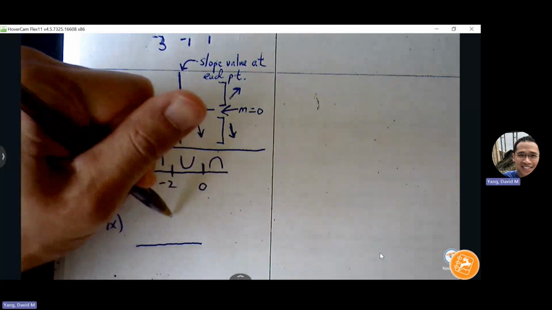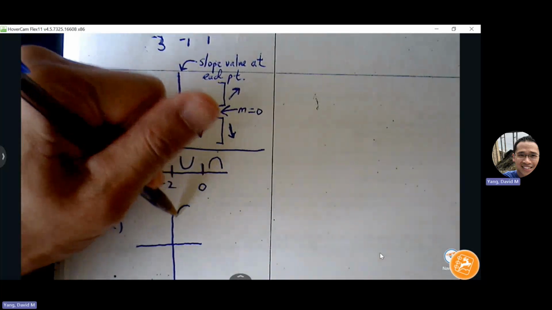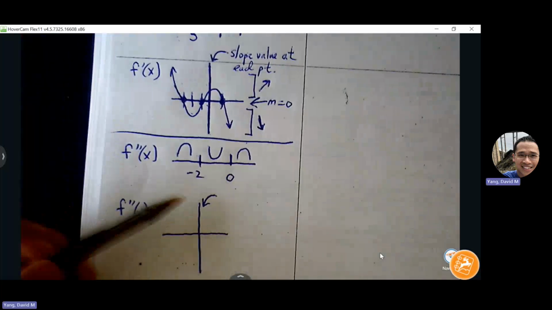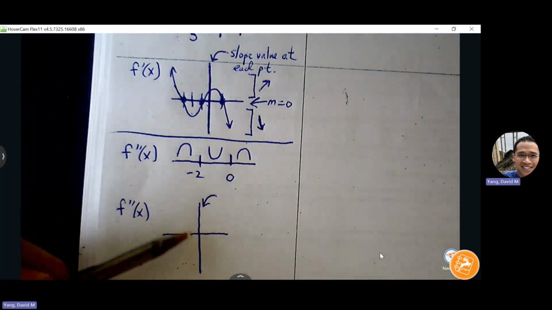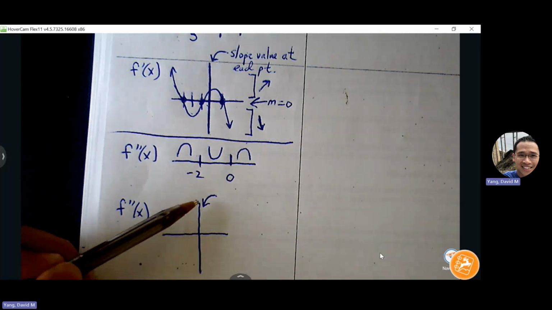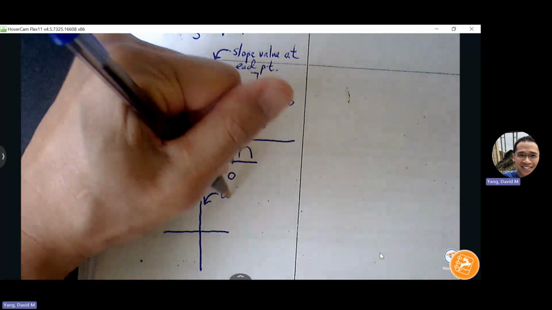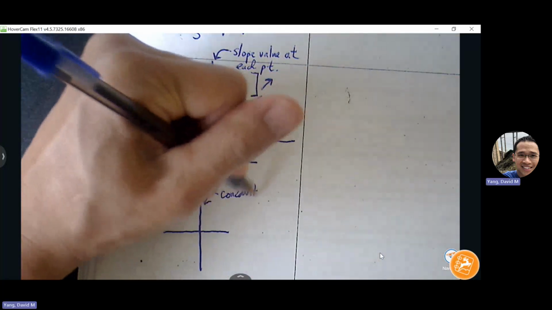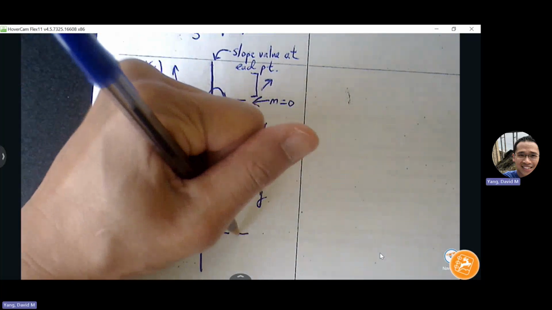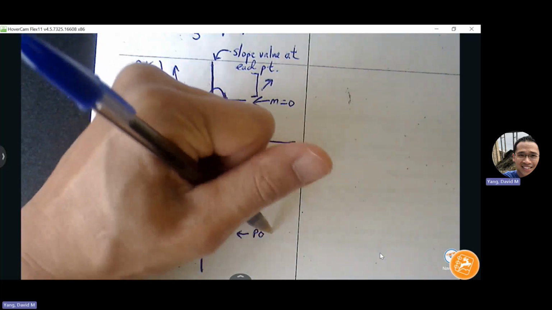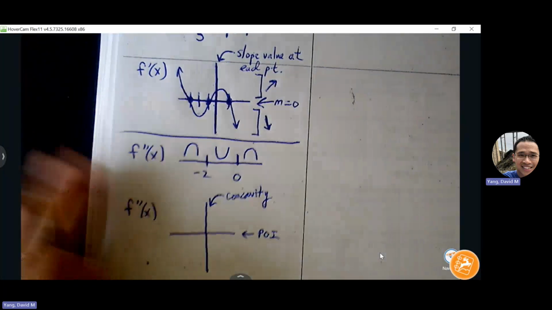And again, the y-axis is going to change its definition. The y-axis is no longer going to represent the height of the graph. It won't represent the slope value of the graph. It's now going to represent the concavity. So anything that is concavity value of 0, which are potential points of inflection, will go on the x-axis.